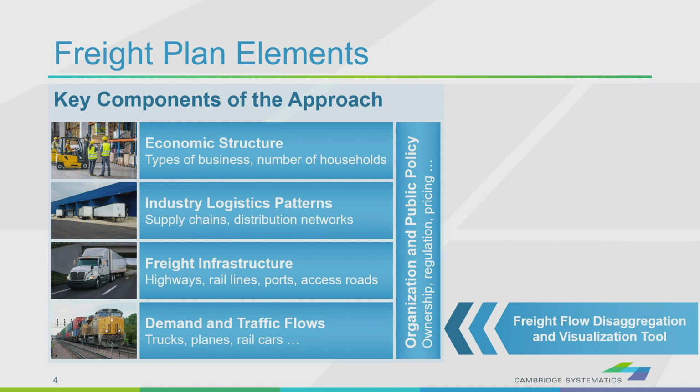So we identified what we call the priority freight network in the state. And so the demand of the traffic flows for both existing and future conditions were just one element, under the umbrella of developing those goals, strategies and actions for the state freight planning.